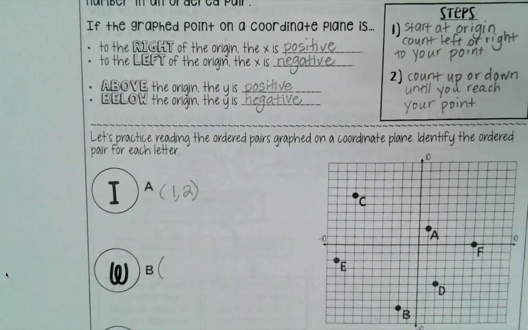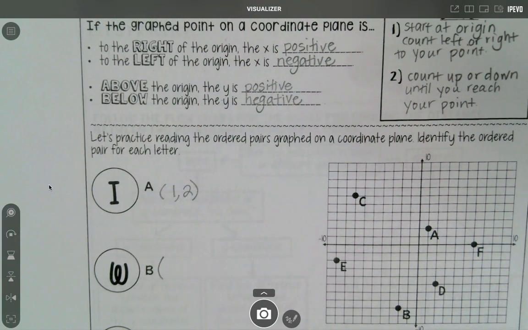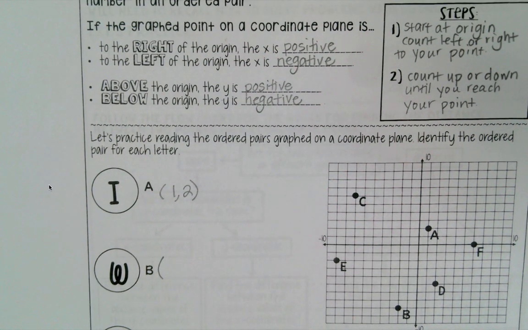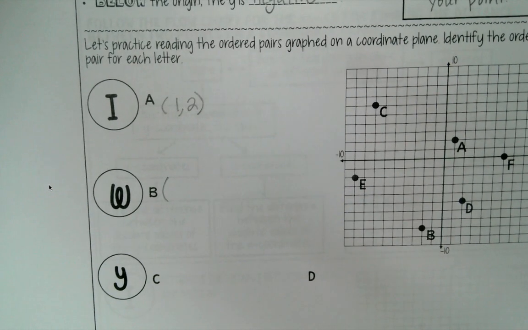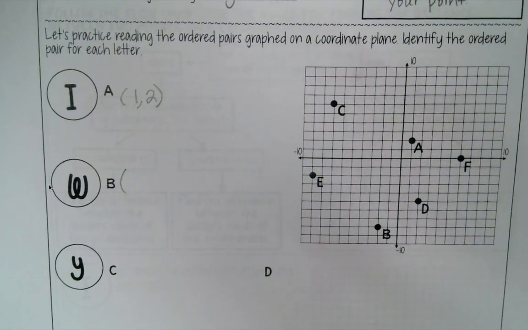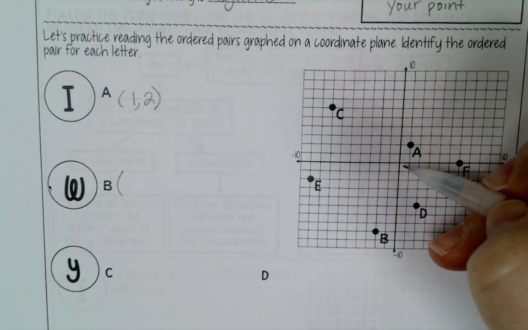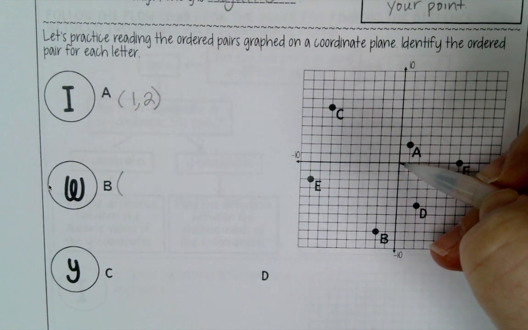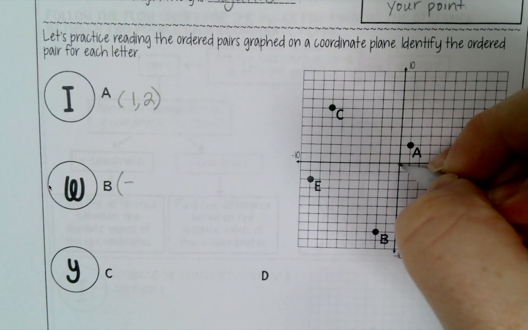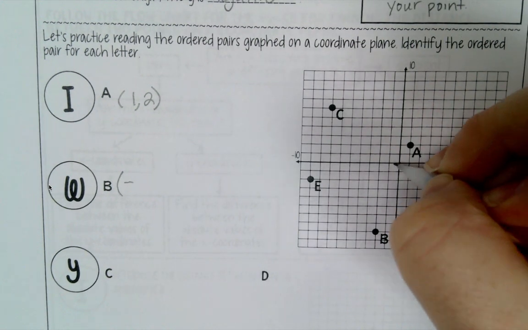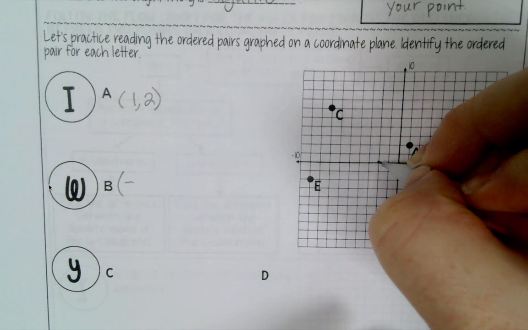So let's look at letter B. Again, starting at the origin, I'm going to go left or right. From here, I'm going to go left, so automatically my x is negative. I'm going to count left 1, 2, because that's where I'm lining up with my point.